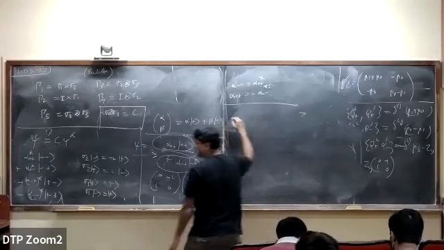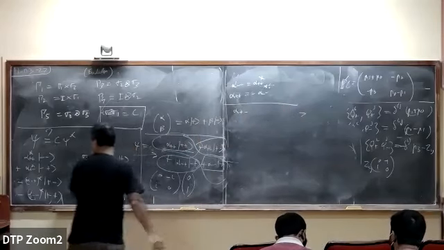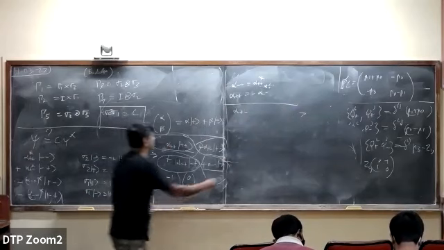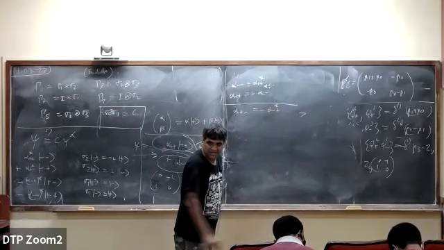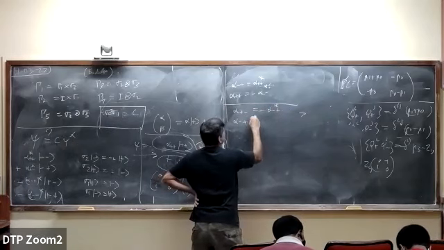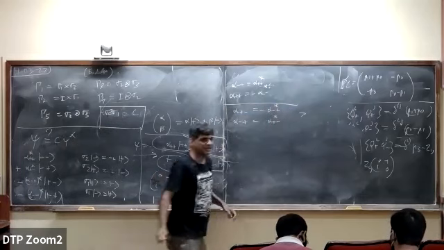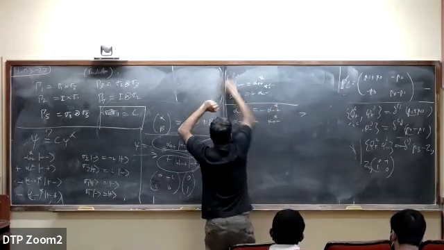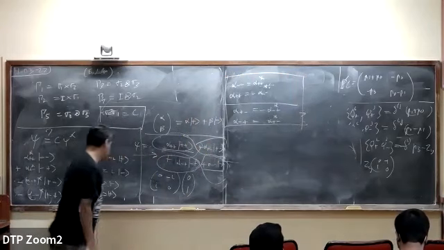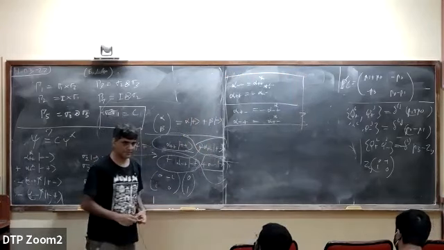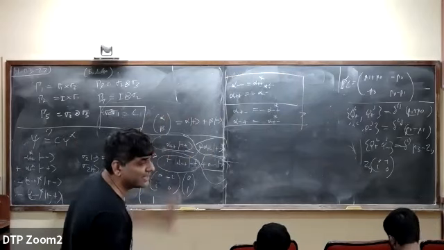Similarly, alpha plus minus was this guy, which was equal to minus alpha minus plus star, whereas alpha minus plus was equal to alpha plus minus star. Clearly, two things to note about these equations. First thing to note is that they're not mixing chiral with anti-chiral.